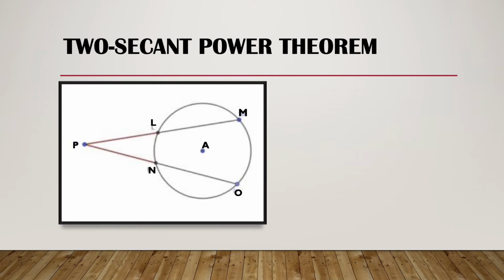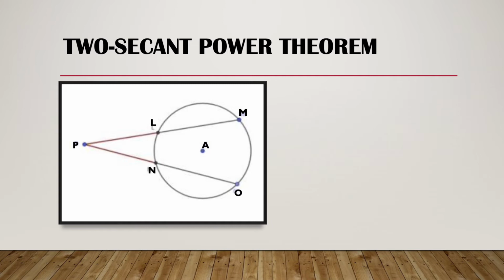So in the given circle A, identify first the two secants. If you identified secants PM and PO, then you are correct. And how about the external secant segments?